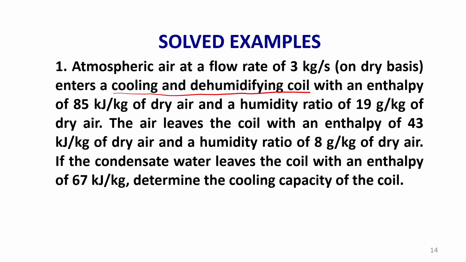The air leaves the coil with an enthalpy of 43 kilojoule per kg after the process, and a humidity ratio is given. If the condensate water leaves the coil with an enthalpy of 67 kilojoule per kg, determine the cooling capacity of the coil.